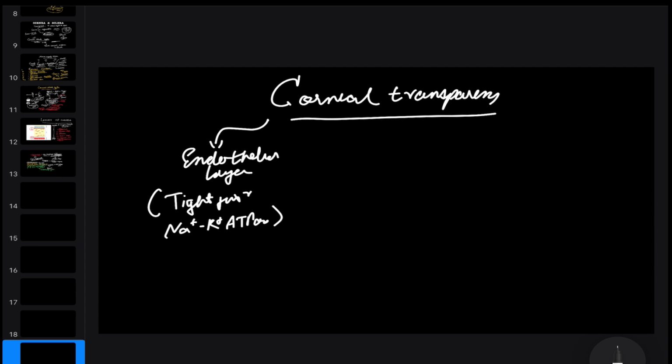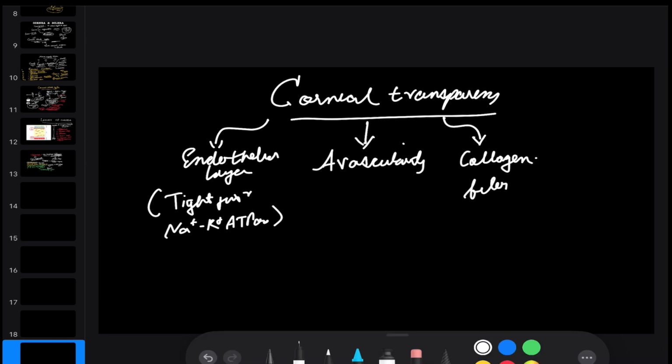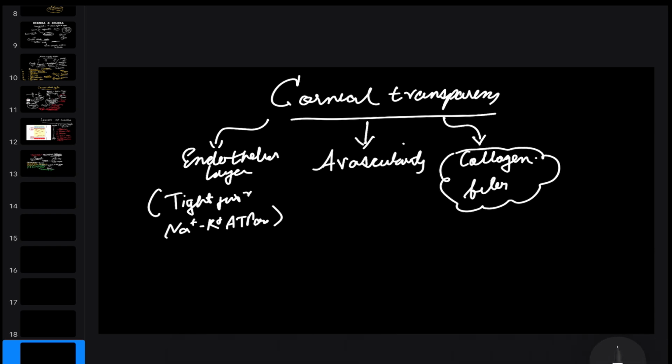Yes, there are different mechanisms for corneal transparency. I've already talked about one of those mechanisms, avascularity. The cornea is avascular, which helps in maintaining corneal transparency. Another way that corneal transparency is maintained is by the way the collagen fibers in the corneal stroma are arranged. How?